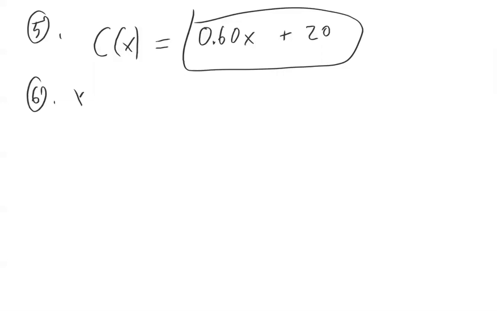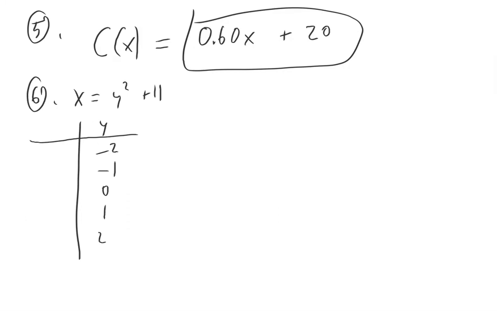So this says x equals y squared plus 11. So we're going to complete a little table. So when y is equal to negative 2, negative 1, 0, 1, and 2, when you plug in negative 2 for y, you have 4 plus 11 is 15.